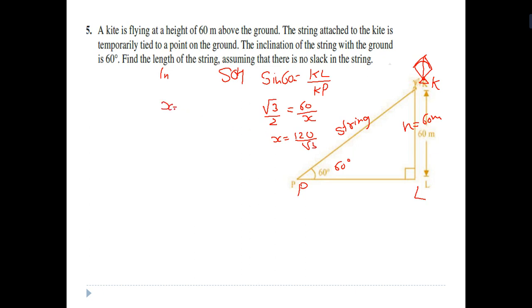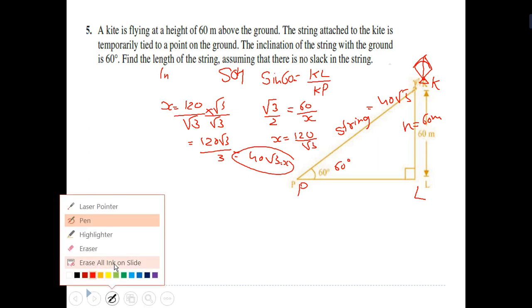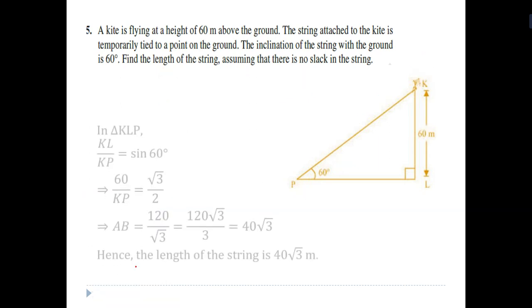Now generally root 3 we have to rationalize, so multiply by root 3 by root 3. So 120 root 3 by 3, that is 40 root 3. So 40 root 3 is the length of the string. Now we can see it in the proper way.